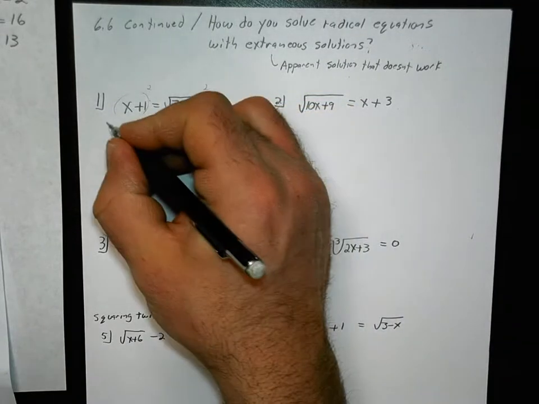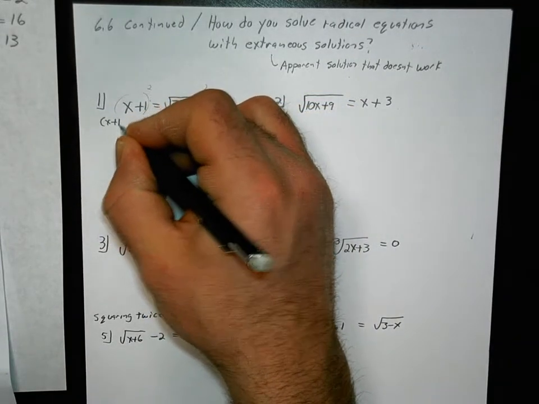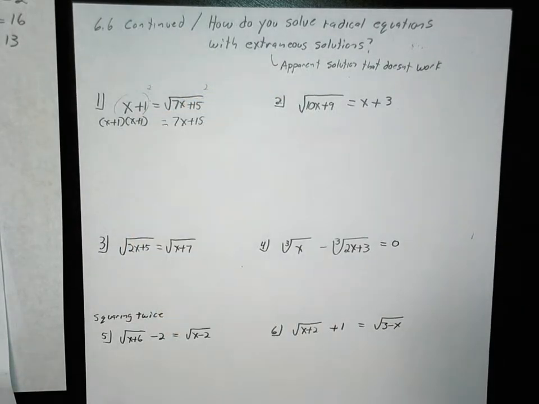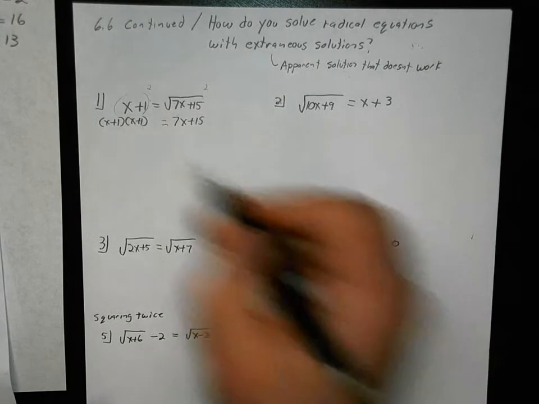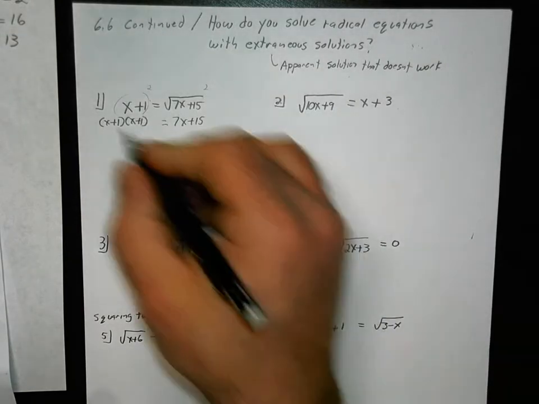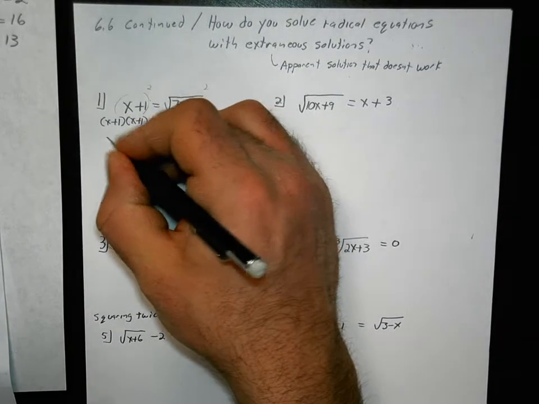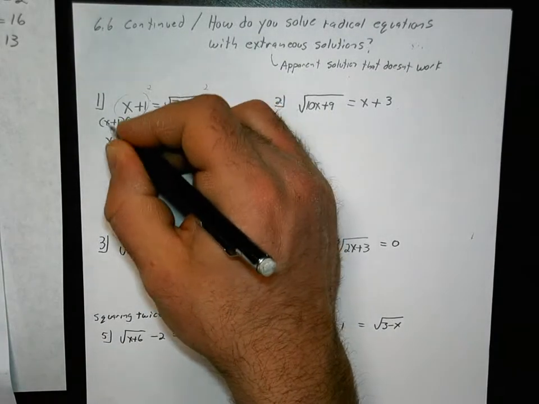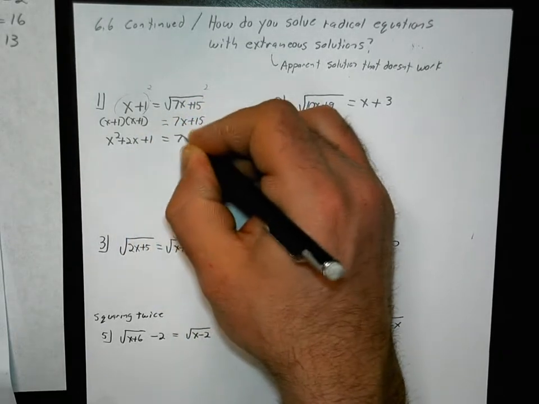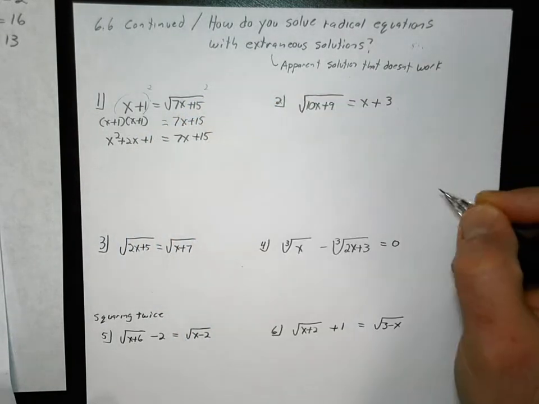What I have to do is multiply x plus 1 times x plus 1. Okay, so it's not x squared plus 1. Don't just square these, you have to FOIL, multiply it out. So you're actually going to get x squared plus x plus 2x plus 1 equals 7x plus 15.